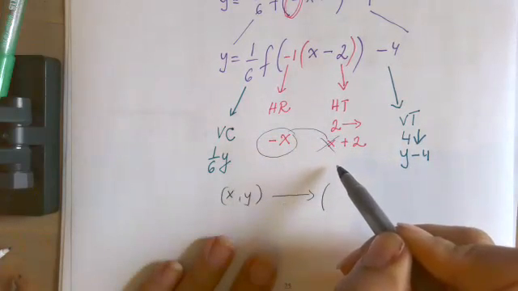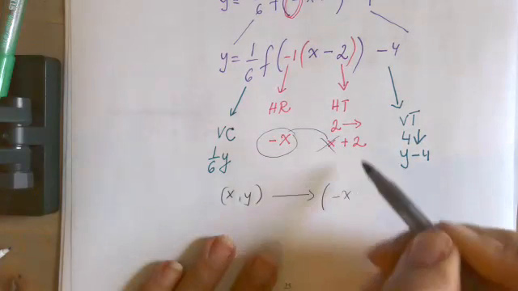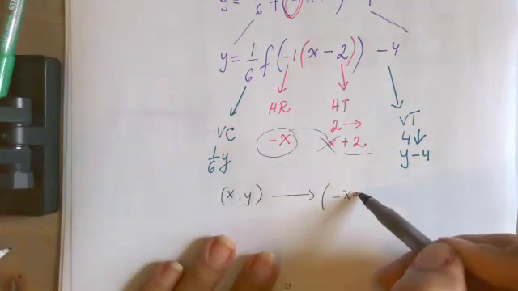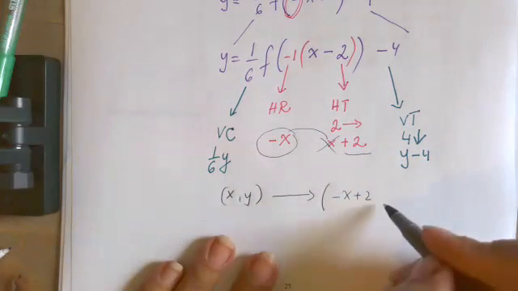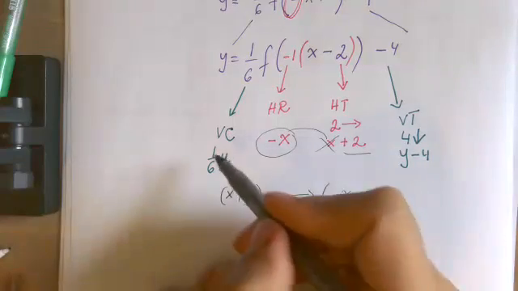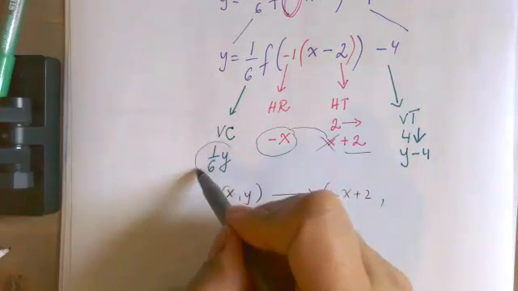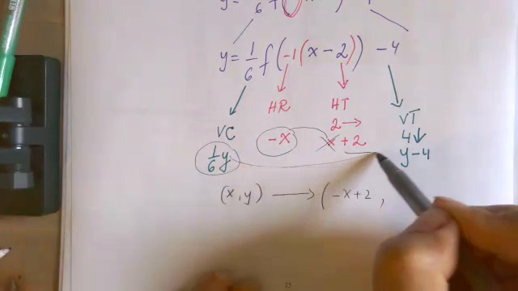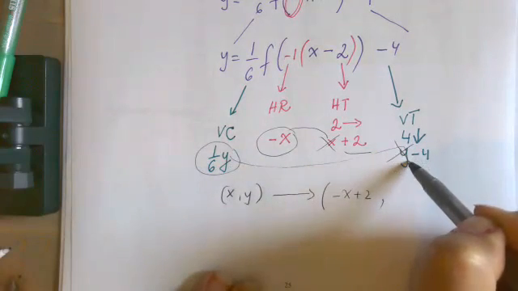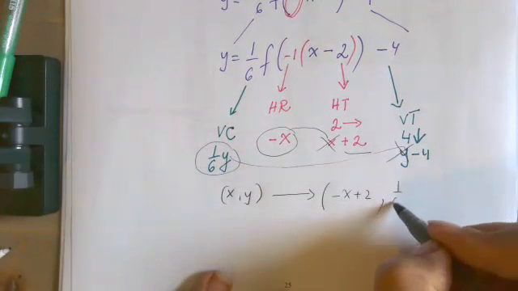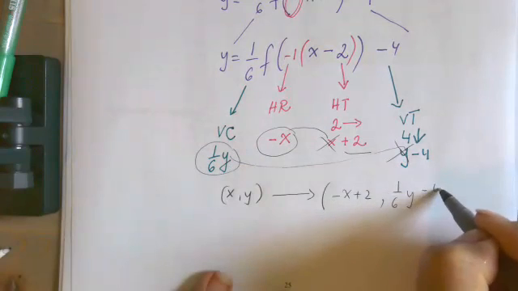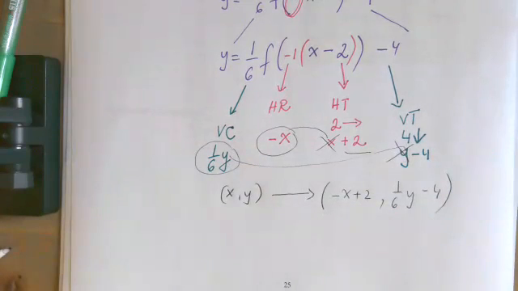So you replace that, becomes -x plus 2, comma. And now for the y, you take this transformation and you plug it into the next one. Replace this y. So 1/6 y -4. There's your rule.